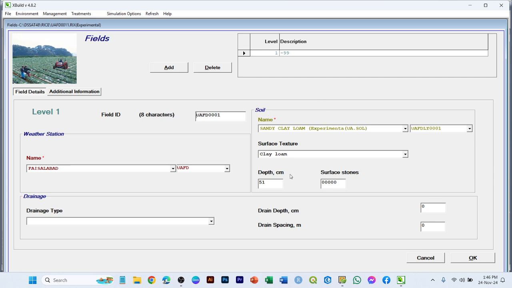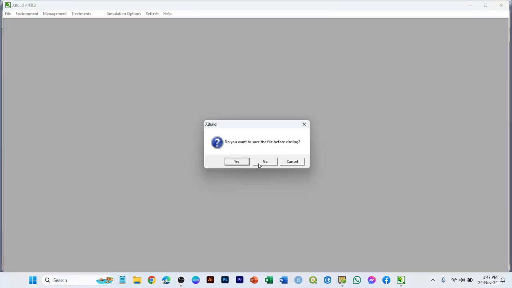If you want to add your own experiment, simply go to the top left corner, to management data. This is the new experiment file for you. You have to start from zero.